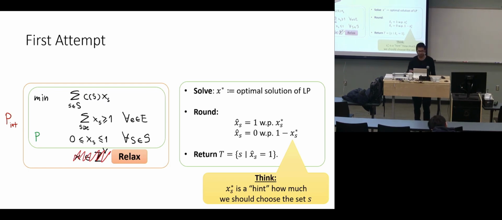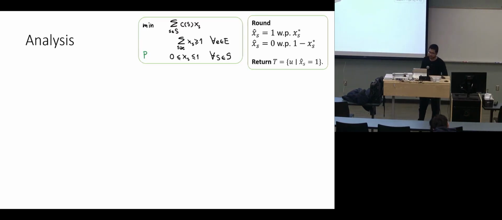Now let's try to analyze it. It will not work just yet, but you will see why. First, we need to compute the expected cost of the set T that you choose, because your set is randomized.